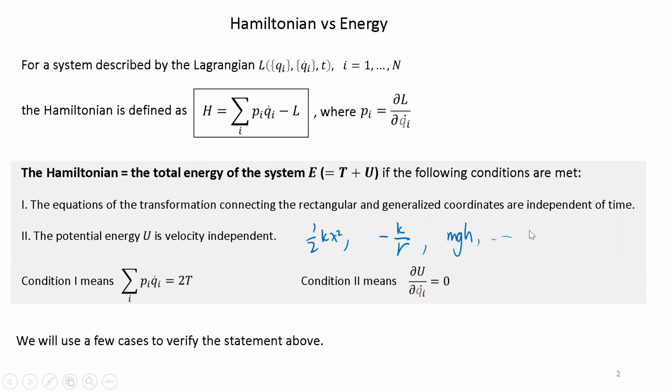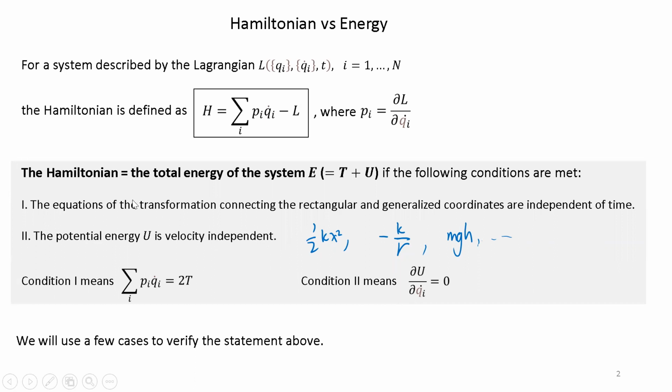Later in this course, I will give you an example of potential energy depending on velocity, but that would be some optional content. What I'm telling you is that there's no need to worry about condition 2. This condition means that partial U partial q dot is 0. Just take it for granted for now.